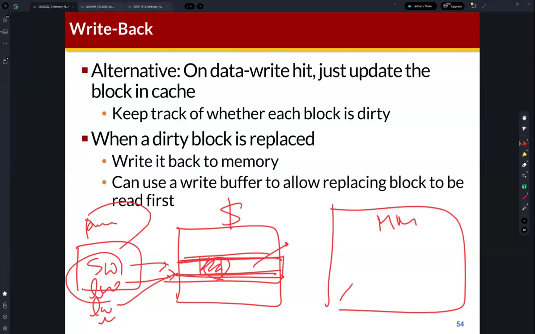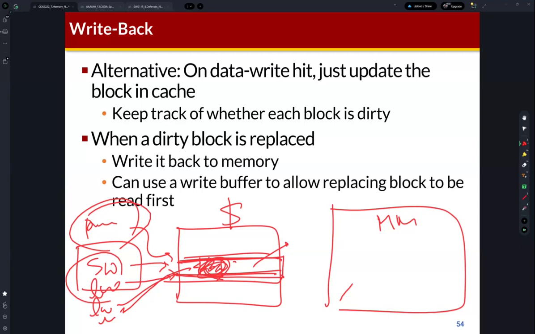So what does that mean? Actually, we don't need to update the main memory immediately, right? Because the processor will firstly access the cache, right? Then this is the updated block, updated data, so we can read this updated value.